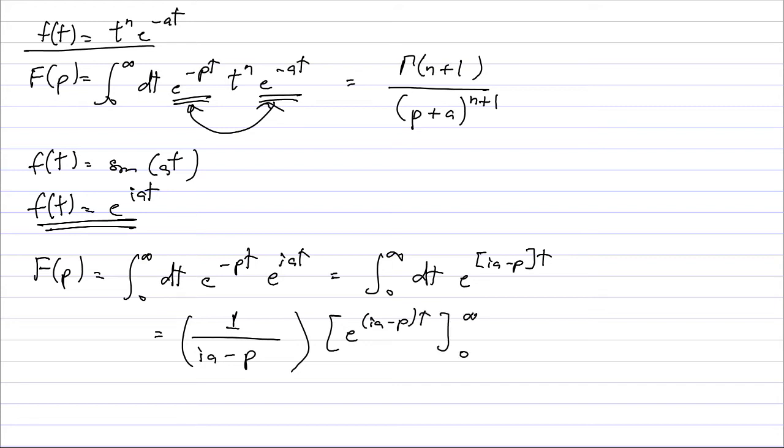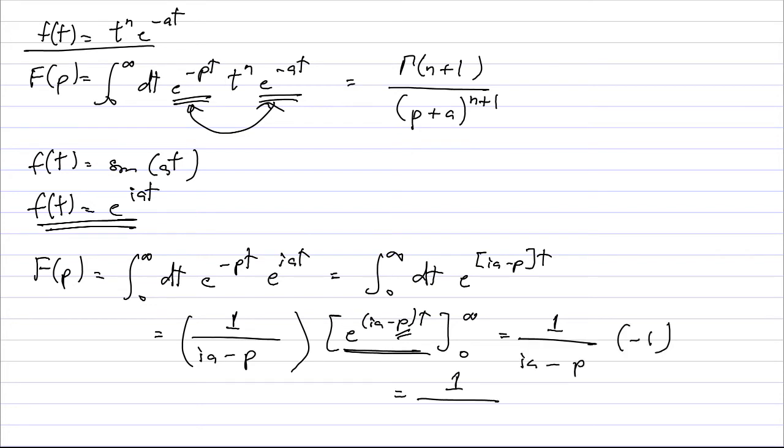When t is infinity, assuming that p is bigger than 0, this whole exponential is going to give me 0. And when t is 0, this whole thing is going to give me 1. So I'll end up with 1 over ia minus p, times minus 1, which is going to give me 1 over p minus ia.